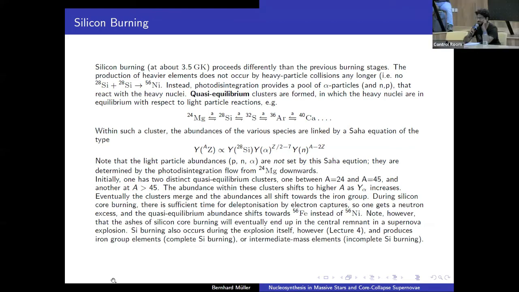It's not like a coarse-grained description in the supernova simulations, is it? It's just a lesser number of reactions being modeled. Yeah, there's a variety of approaches, really. Some supernova simulations don't care very much about the nuclear reactions.